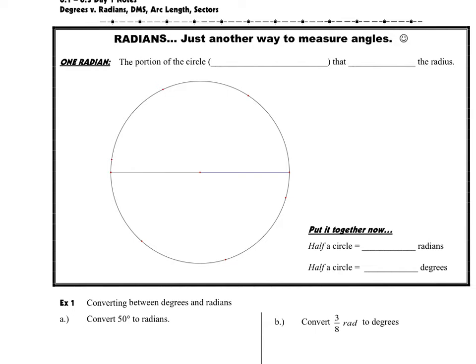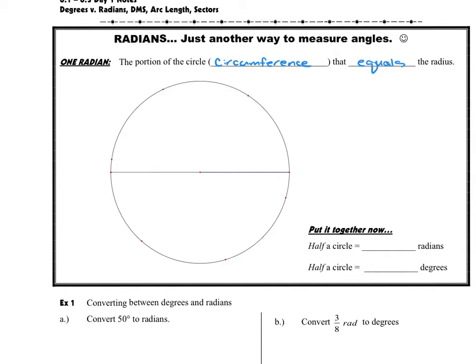Now, the definition of a radian is a portion of a circle. Remember, that's going to be our circumference, okay? So it's a portion of our circle that equals the radius. Now, this is often a confusing idea for students because the radius is, of course, straight, but the circle is, of course, curved. In our previous lessons, we talked about arc length.